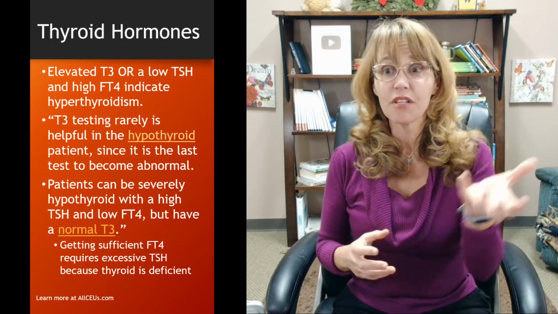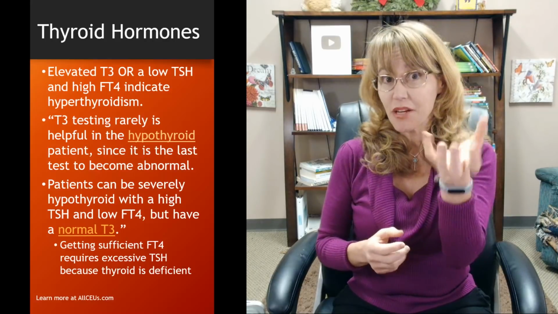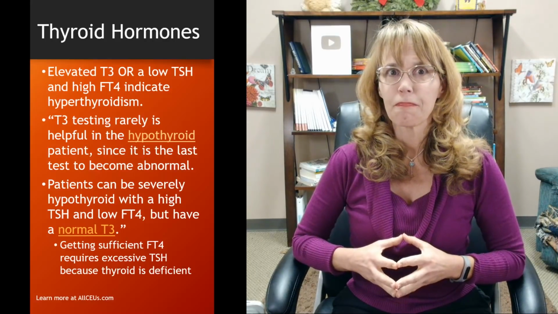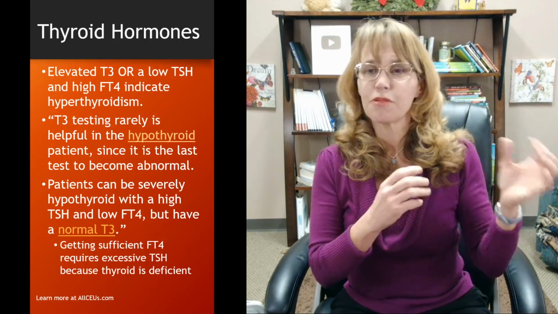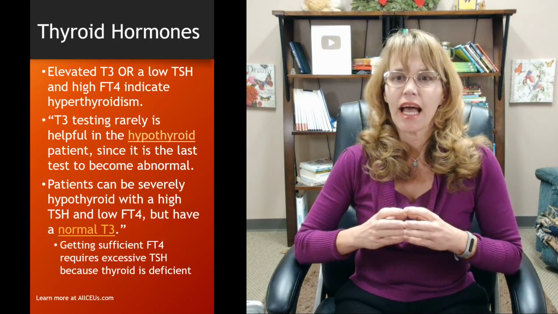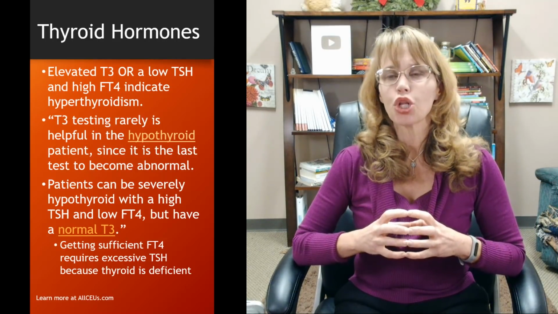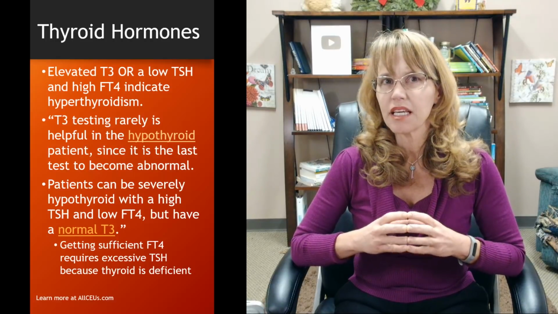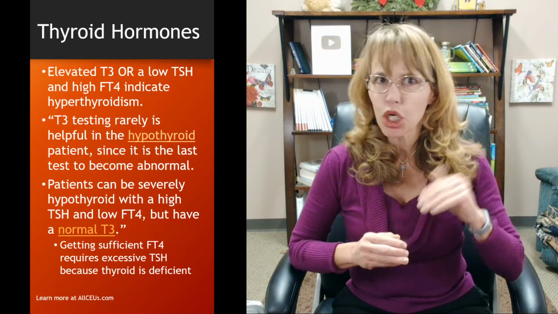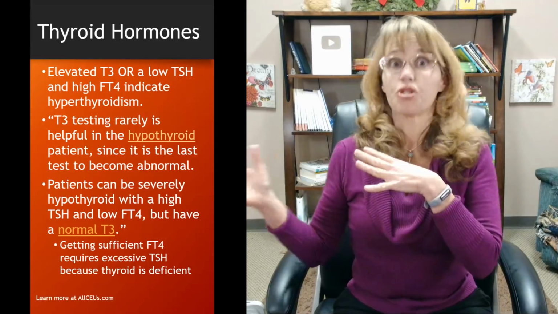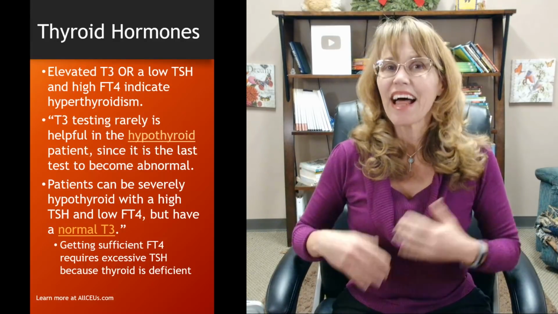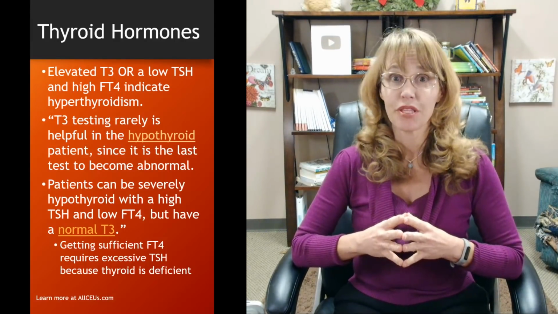A high free-floating T4 can also indicate that too much is being released, especially if there's a low TSH. So if the thyroid didn't need much encouragement at all to secrete a whole bunch of T4, that could indicate hyperthyroidism.